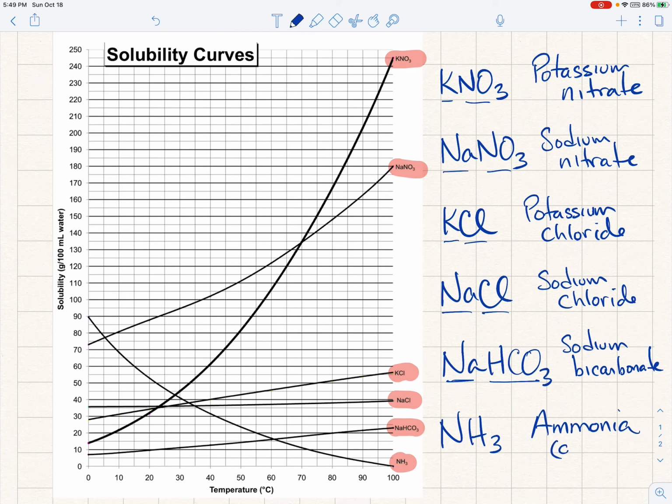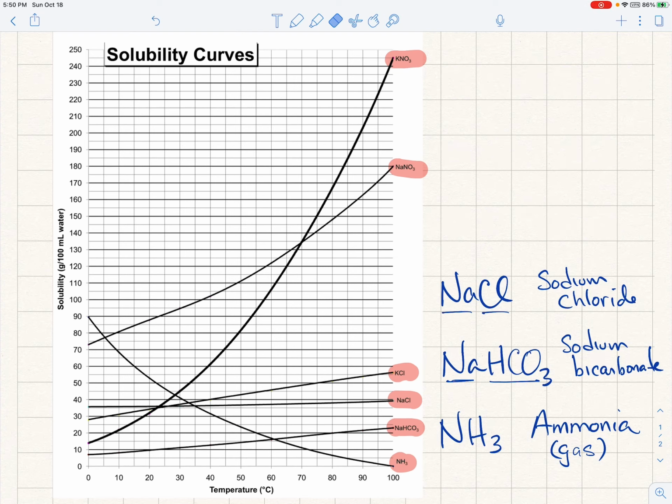And you might want to note for yourself that unlike the salts up above, it is a gas. The salts at room temperature are going to be solids, and the ammonia is a gas at room temperature. So as you can see, the ammonia solubility fell, partly because it's a gas, while the other solubilities increased. Those were solid salts. All right, so that's just some basic nomenclature or naming of compounds.